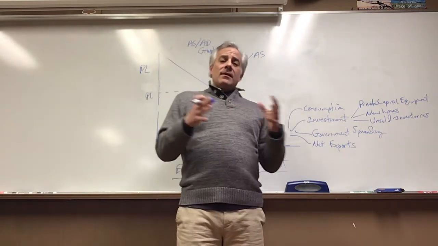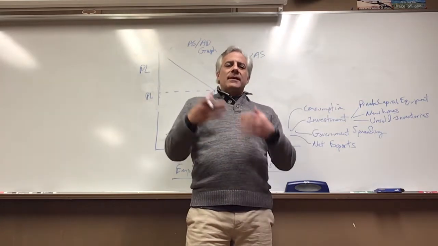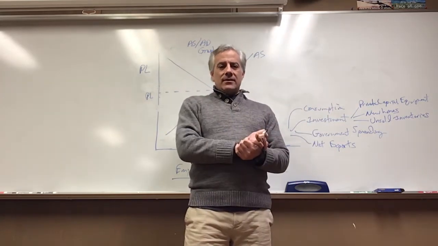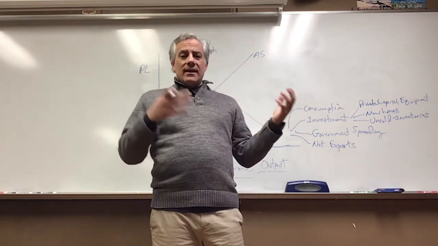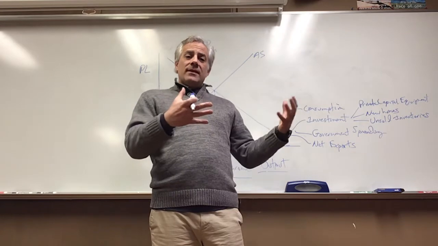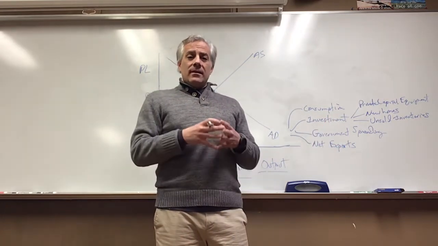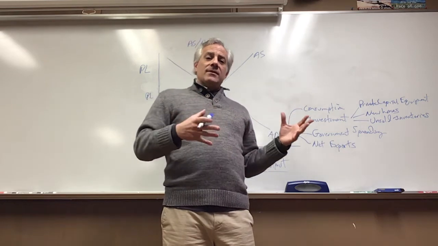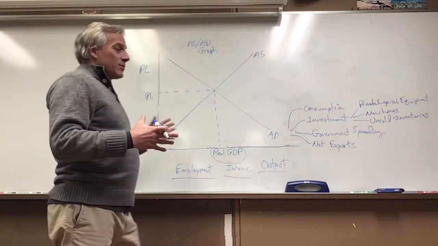Okay, so nominal is just the number, right? Real means we're taking into account changes. All right, so a person making $50,000 in 1970, in real terms, is pretty wealthy compared to somebody making $50,000 today. Okay, everything comes back to this graph.